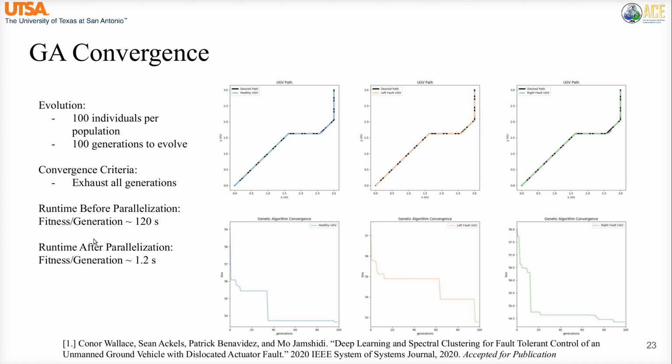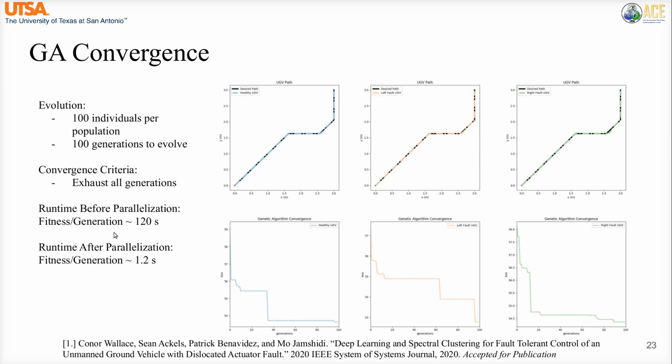Basically what I was seeing was a fitness per generation runtime of approximately 120 seconds, which if you do that for 100 generations will exponentially increase your runtime to something on the order of 7 hours.